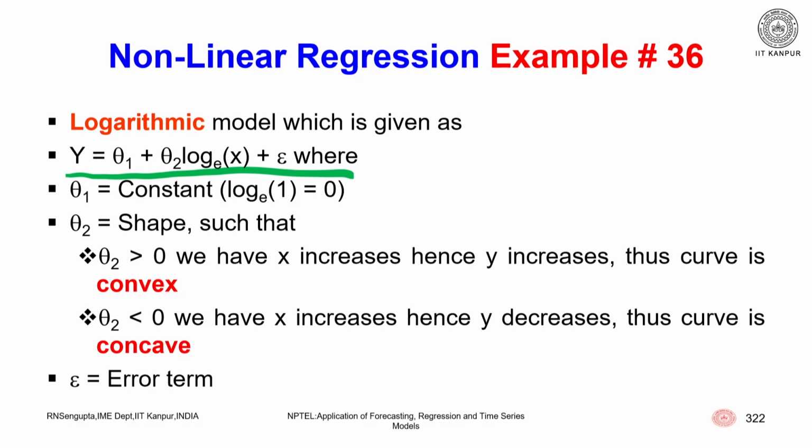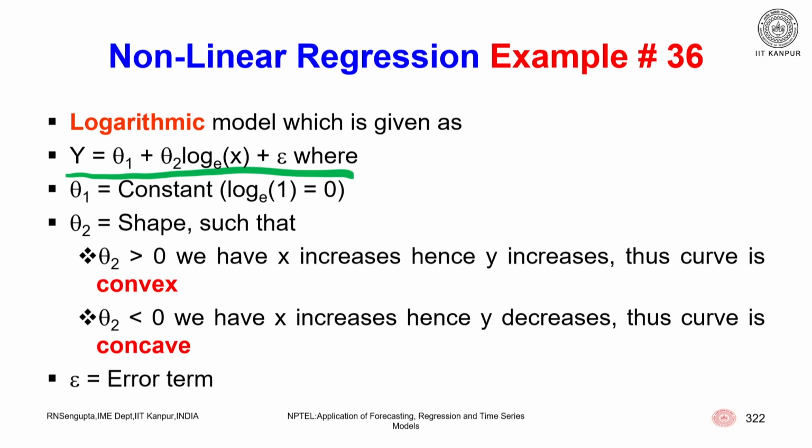It would hardly matter whether you take Neperian log of base e or 10, and theta 2 is the shape parameter such that when theta 2 is greater than 0, as x increases, y also increases, that means positive proportionality. Thus, the curve is convex in nature, while if theta 2 is less than 0, as x increases, y decreases, that means inversely proportional. The curve is concave in nature, and epsilon, as already discussed, is the error.